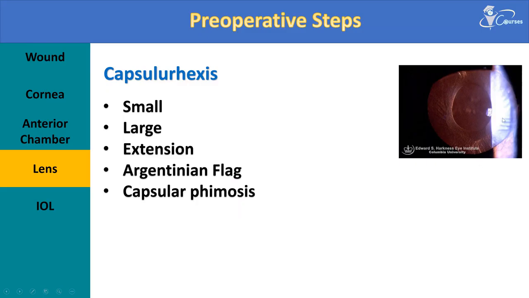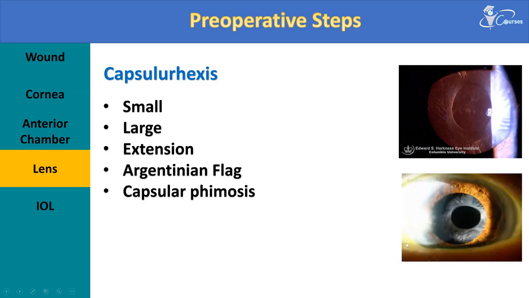Because if you leave it, you can have intraoperative complications, or if you leave it and the surgery goes smoothly, you can have post-operative complications like what's called capsular phimosis. It is a small contracted capsular opening, which will result in IOL dislocation, refractive error and astigmatism. So we don't want this.